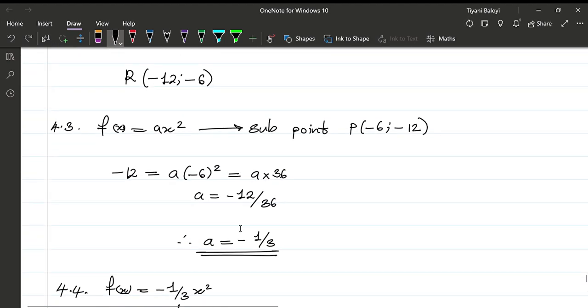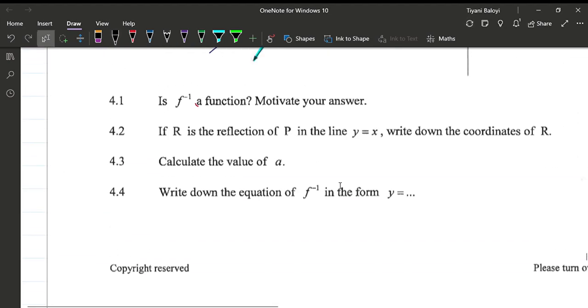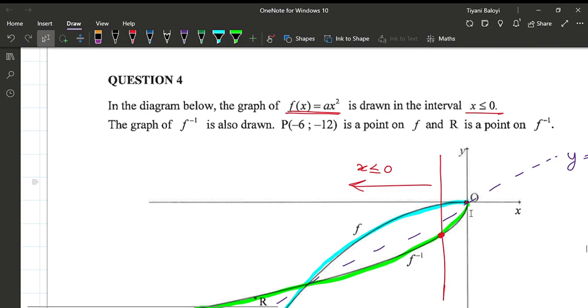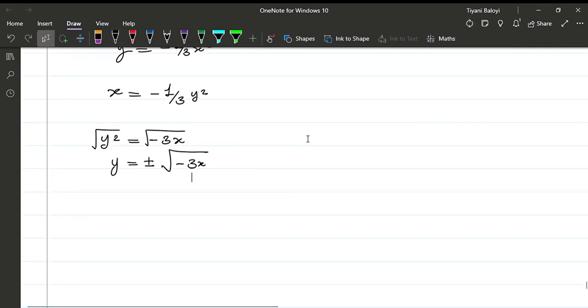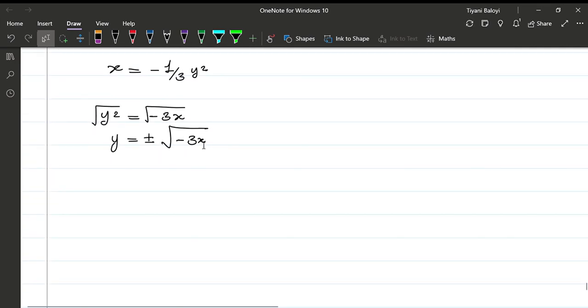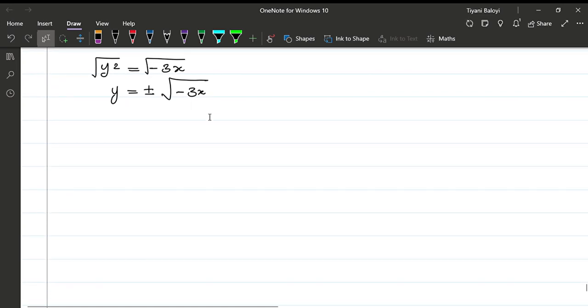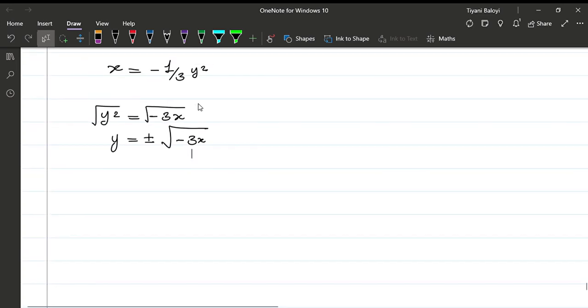So we did find that our function here is less or equal to 0. So we can just indicate our domain as x values that are less or equal to 0. If you put 0 here, right, you will get an answer.